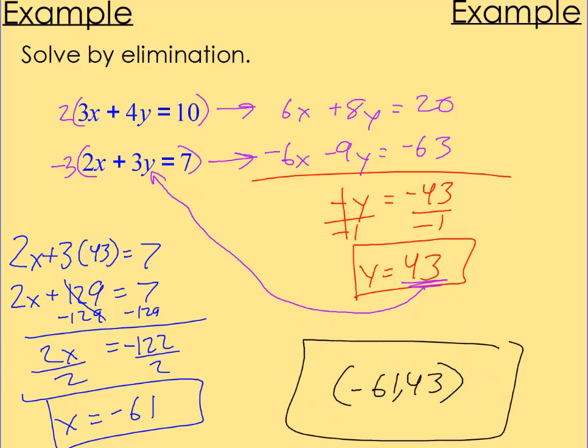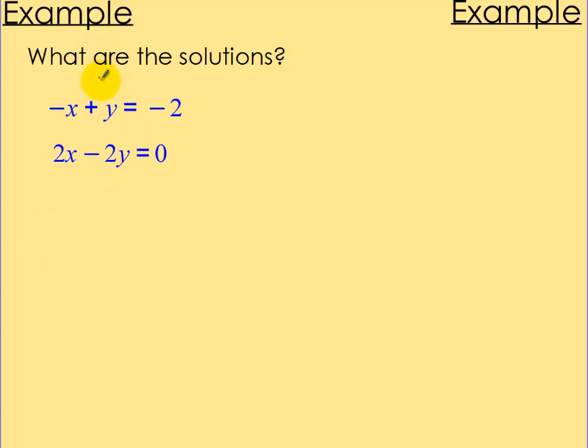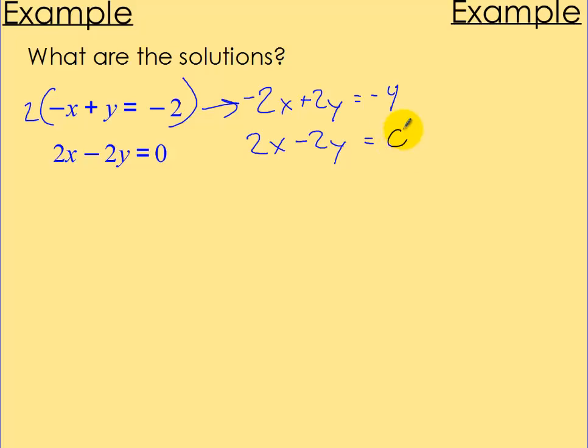Last one. Almost. What are the solutions? So let's see, if I wanted to eliminate the x's here, I'm just going to multiply the top by 2. I don't need to multiply the bottom. So what happens when you multiply the top by 2, it's going to become -2x plus 2y equals -4. And the bottom is just going to stay the same: 2x minus 2y equals 0.